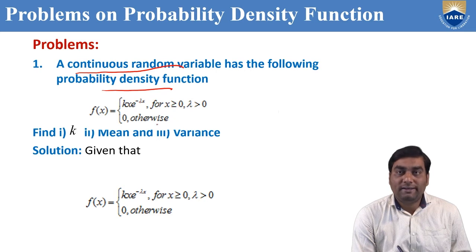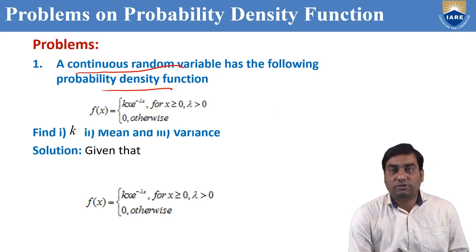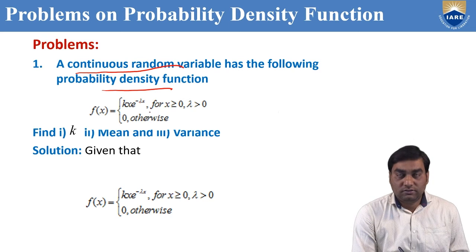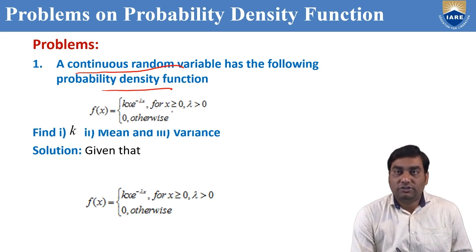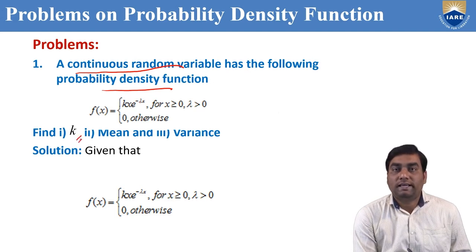In all the remaining cases, f of x equals 0. It is a discontinuous function, but x is a continuous random variable, and given that it is a probability density function, we need to find the k value, mean value, and variance value.